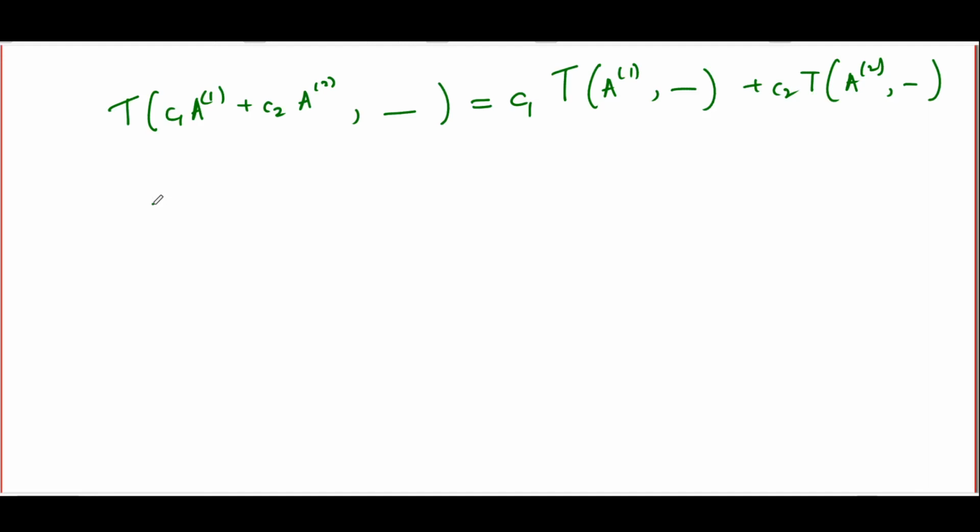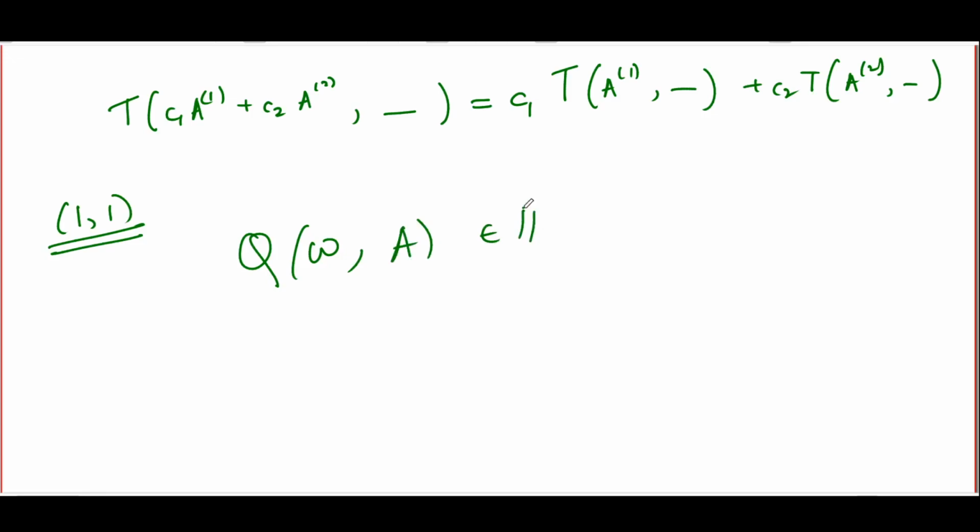In fact, if instead of a 0,2 tensor, you had a 1,1 tensor, let's call that Q, let's say, it would actually eat a covector and a vector and produce a number. That's the way a 1,1 tensor is supposed to work. But let's just say we keep the first slot empty, that is waiting for something, and feed the second slot a vector, A.